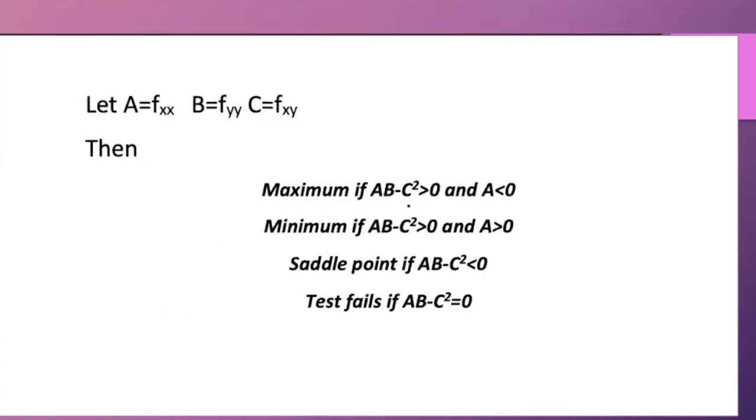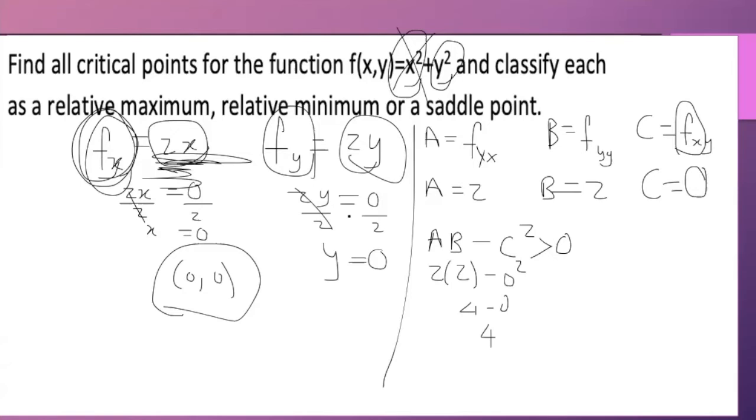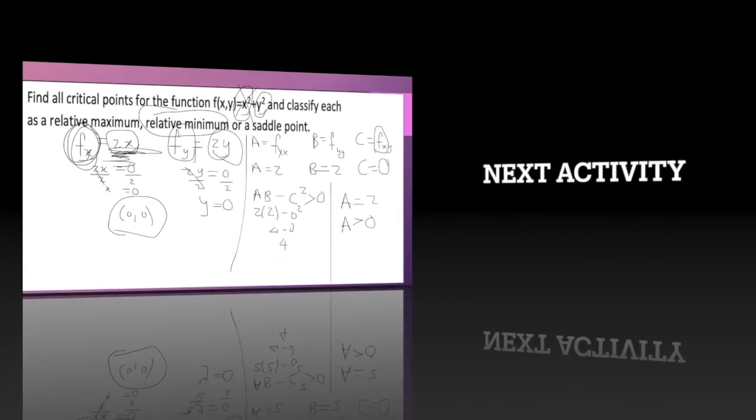As we know, if it is greater than 0, it can either be a minimum or a maximum. So the value of A tells me whether it's a minimum or a maximum after getting this part to be greater than 0. Since A is equal to 2, which is greater than 0, my conclusion is that (0, 0) is a relative minimum.